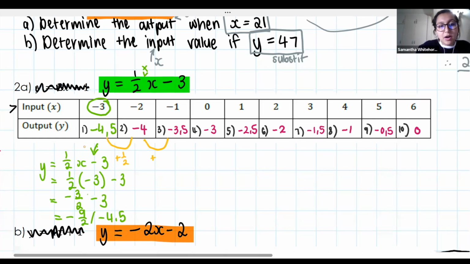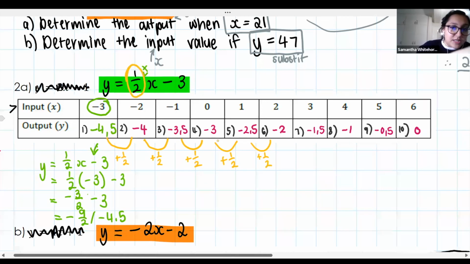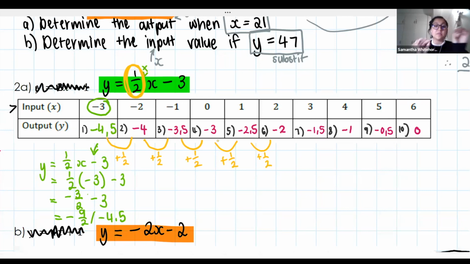If we add a half to -4, we get -3.5. If we keep adding a half, we keep getting the next output. And this is why the coefficient of x in my rule is a half. Remember, that coefficient tells me what I'm adding or subtracting each time.